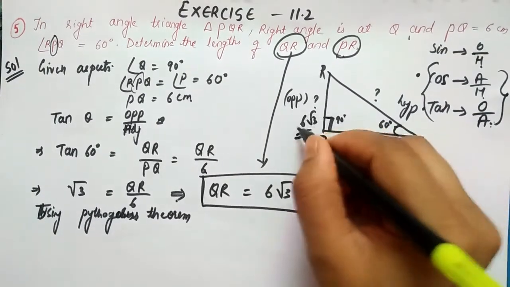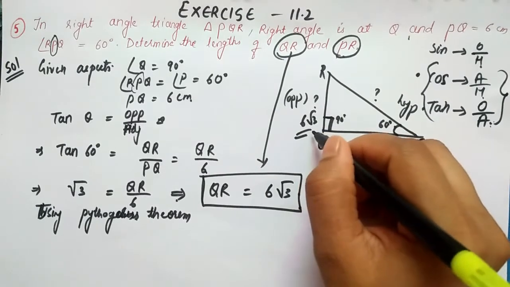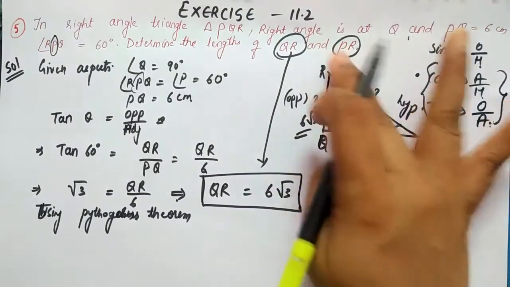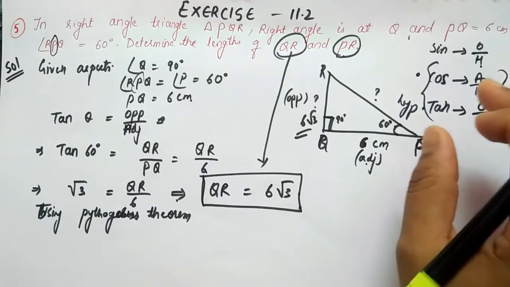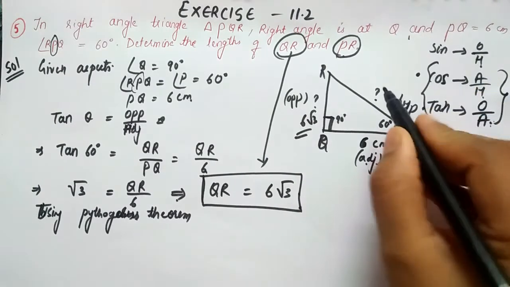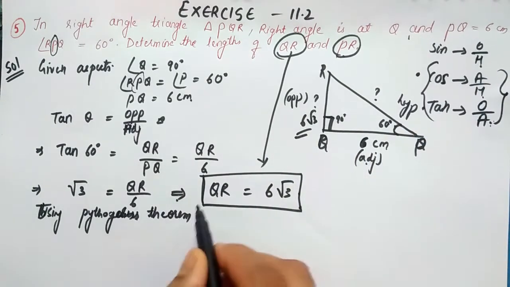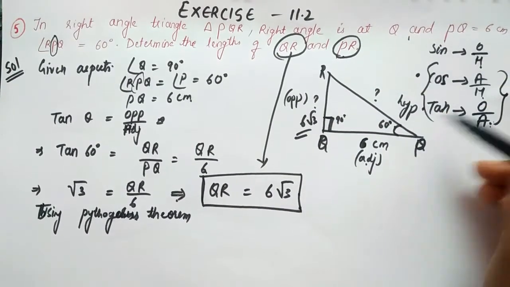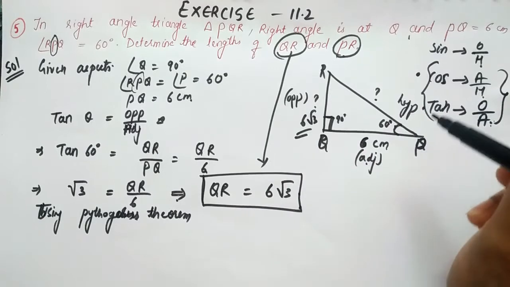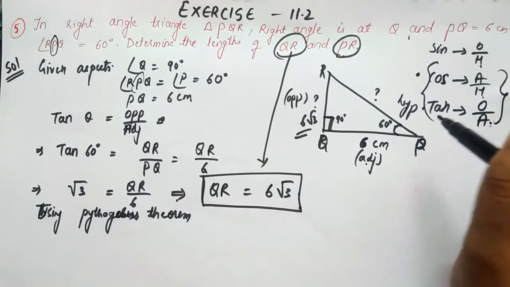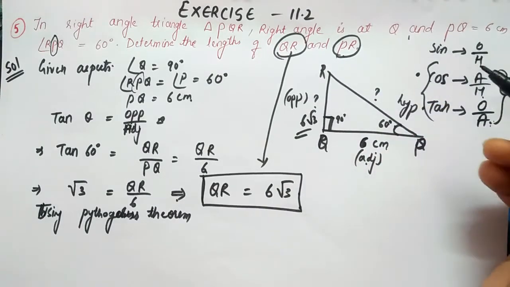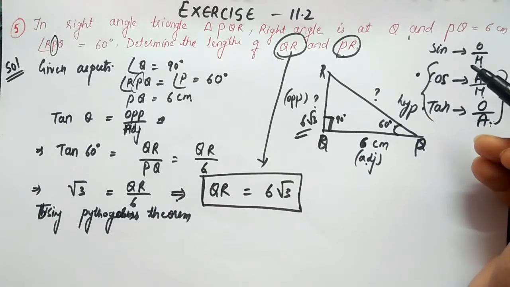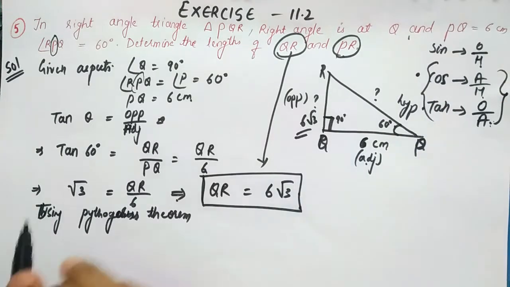Here we have the opposite, 6 root 3, and the adjacent. What is missing is the hypotenuse. Anything we have been doing till now is using the Pythagoras theorem, but you also have the option to use any of the formulas. In our case, it is easier to use the Pythagoras theorem.